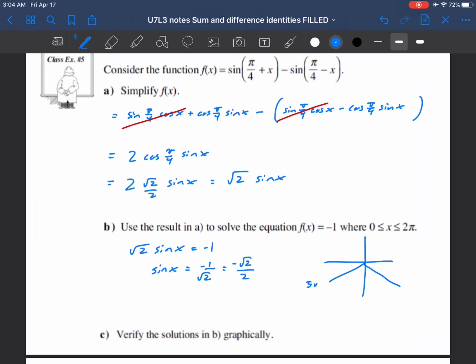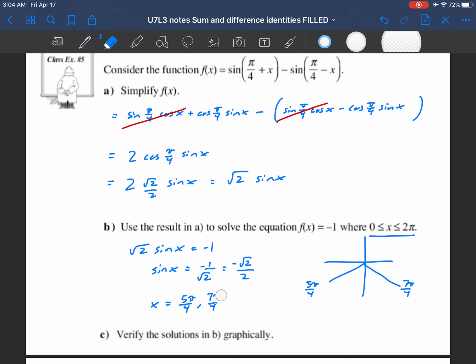This is going to be 5 pi over 4. This is going to be 7 pi over 4, and that's it because we have this particular interval. So x is equal to 5 pi over 4 or 7 pi over 4.